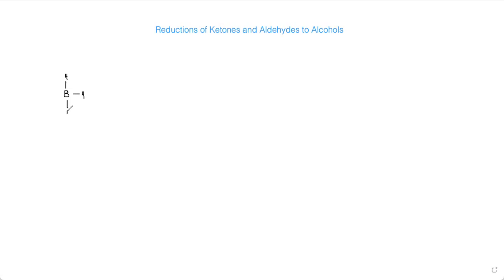This is a bit of a rough drawing, but essentially, the boron is negatively charged and it is paired with this positively charged sodium. And then over here we have our aldehyde.